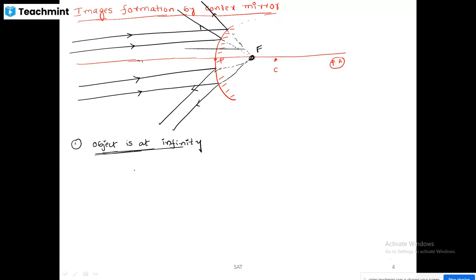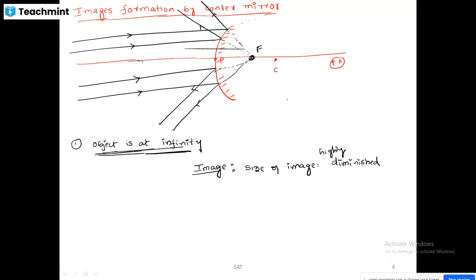Okay. So what is the nature of the image? First, when the object is at infinity, we need to write the image information. What is the size of the image? The size of the image is diminished, or highly diminished.